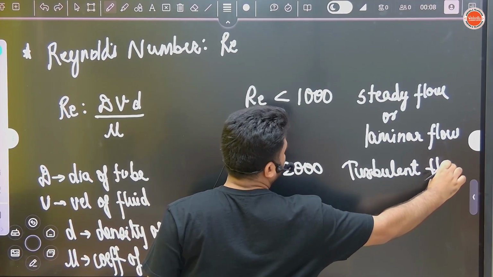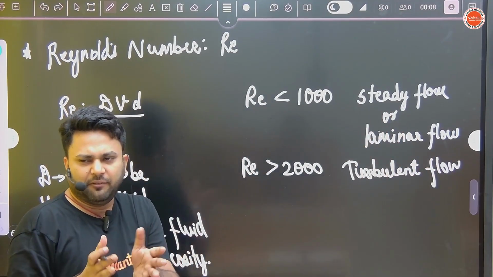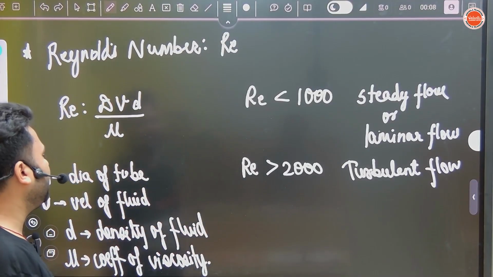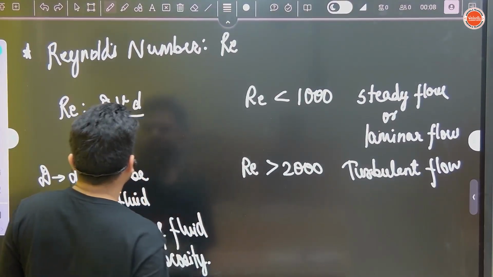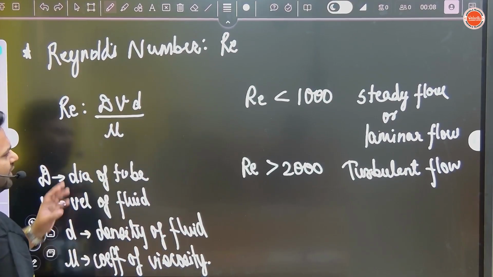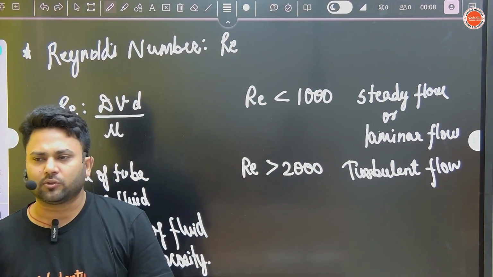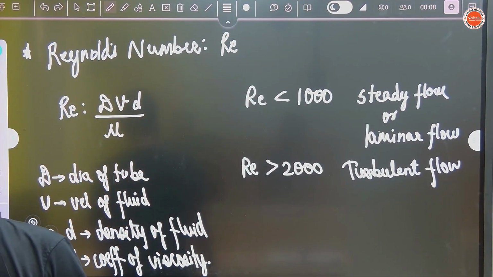And if it comes between 1000 and 2000, it means midway, not proper laminar, not proper turbulent. So you will be given these values, you calculate and see whether it is less than 1000 or greater than 2000. If it is greater than 2000, it is a turbulent flow. If it is less than 1000, it is a laminar flow.